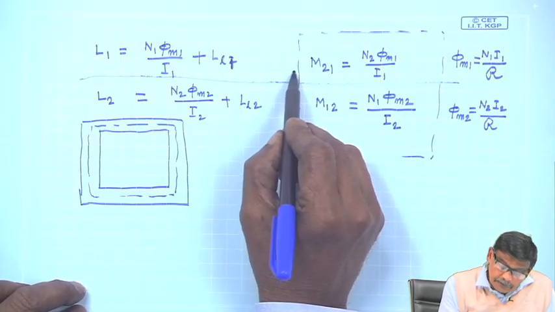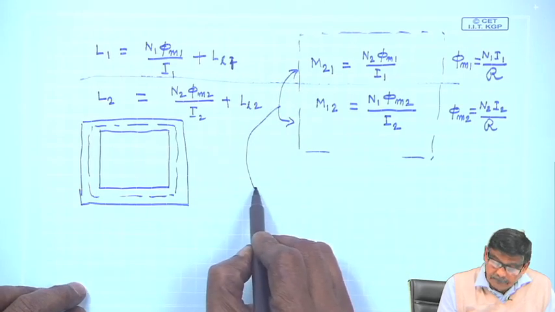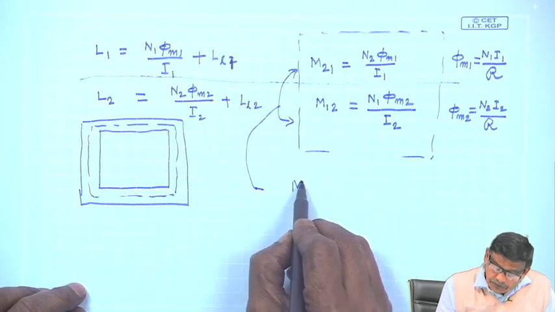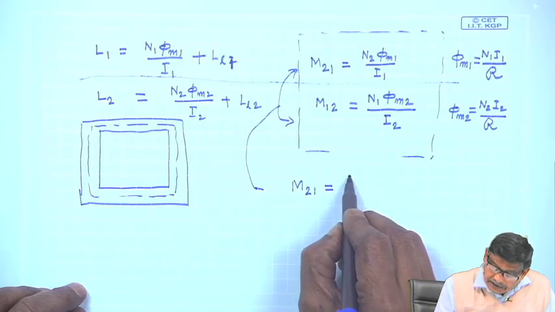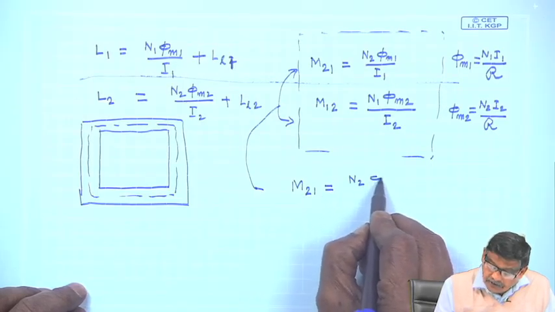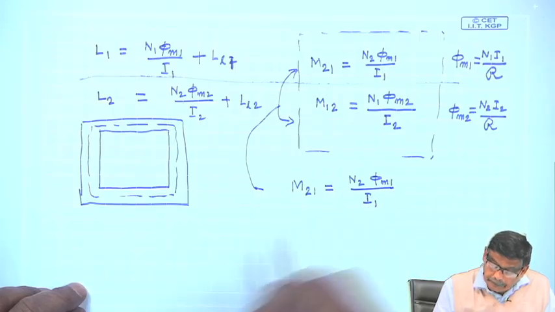Now, let me play with these two equations. M 2 1 is already obtained as N 2 phi m 1 by I 1.